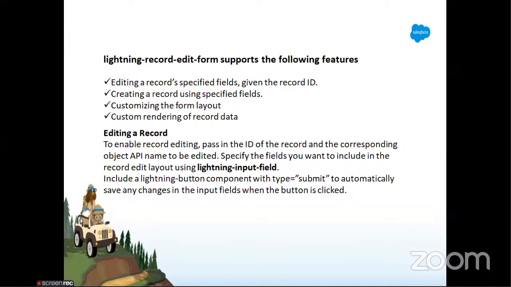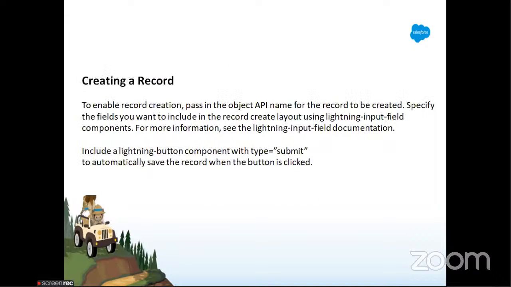By using Lightning input field, right? After that, you need to include the Lightning button component. The type we basically choose is submit to automatically save any changes in the input fields when you click on that particular button, right?